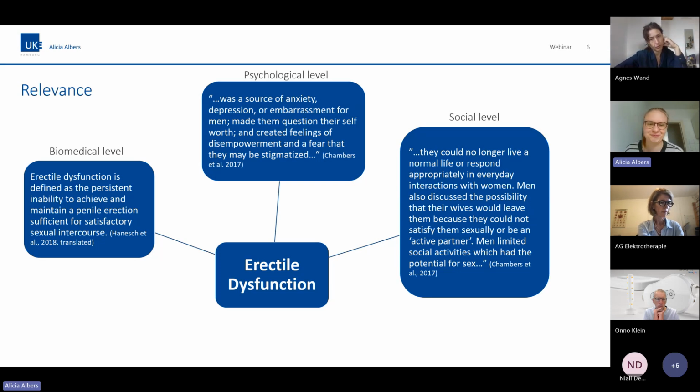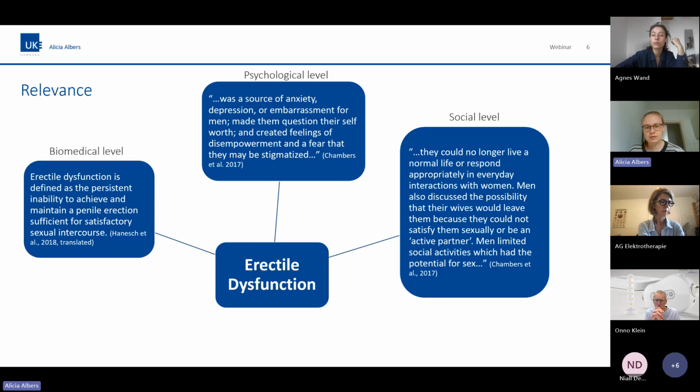Have it in mind. And on a psychological level, there's a really interesting review from Chambers et al. It says that erectile dysfunction was a source of anxiety, depression, or embarrassment for men, made them question their self-worth, and created feelings of disempowerment and a fear that they may be stigmatized.